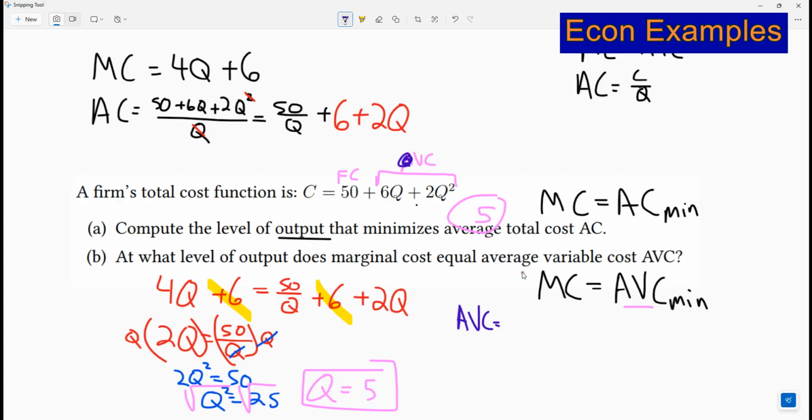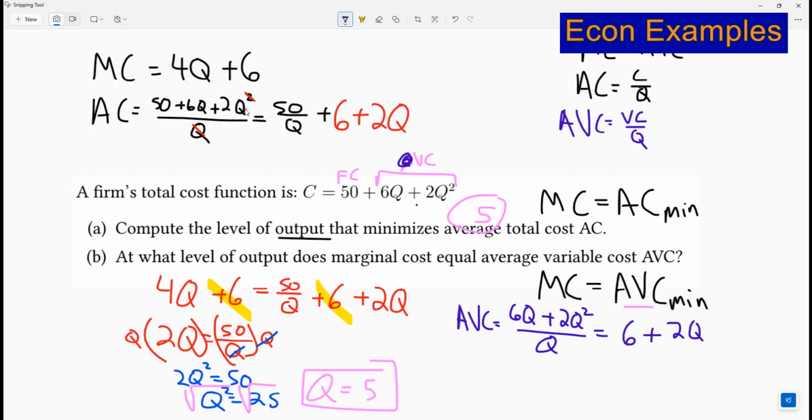Average variable cost is our variable cost over quantity. So that would be 6q plus 2q squared divided by q. 6q over q is 6, and 2q squared over q is 2q. This is our average variable cost.